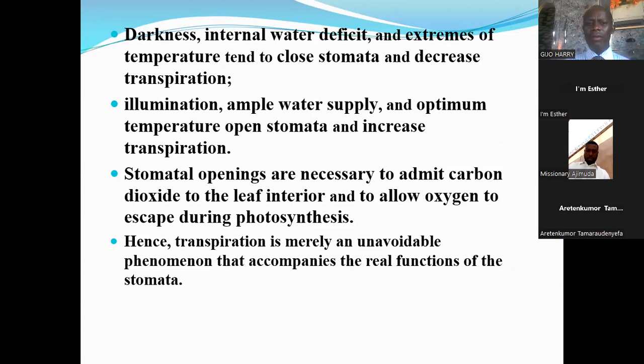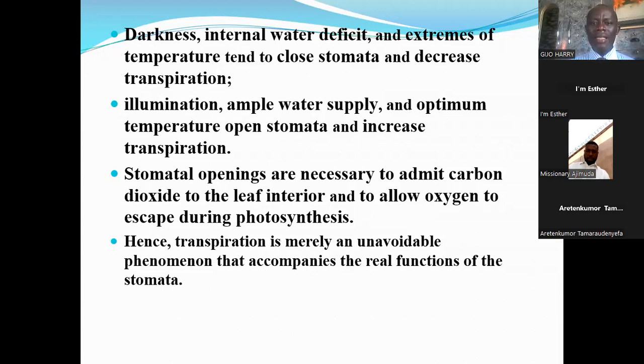So the factors that decrease transpiration include darkness, internal water deficit, and extremes in temperature, while the factors that increase transpiration are illumination, ample water supply, and optimum temperature. These factors open the stomata and increase transpiration.